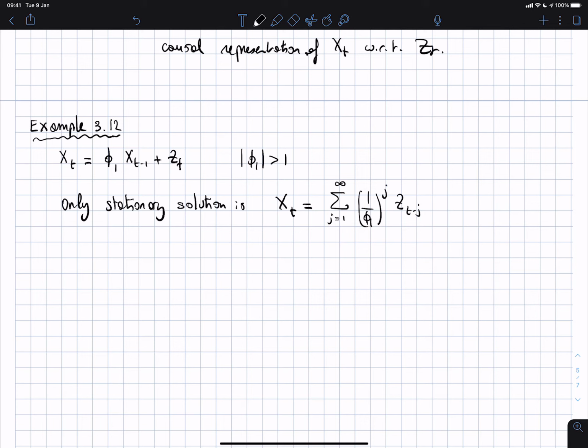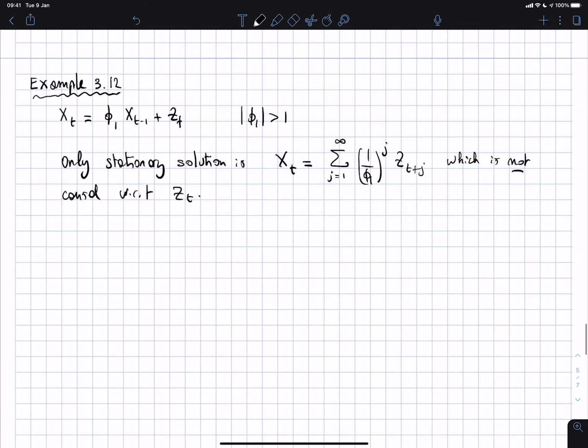Which is not causal with respect to its noise Zt, but we can make it causal with respect to an alternative Zt.